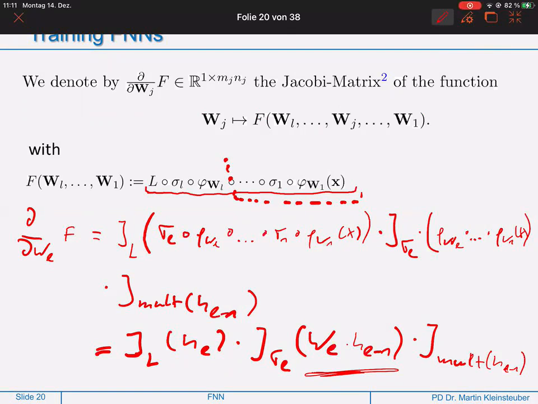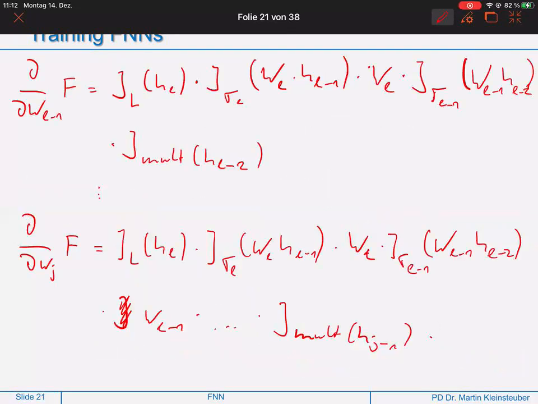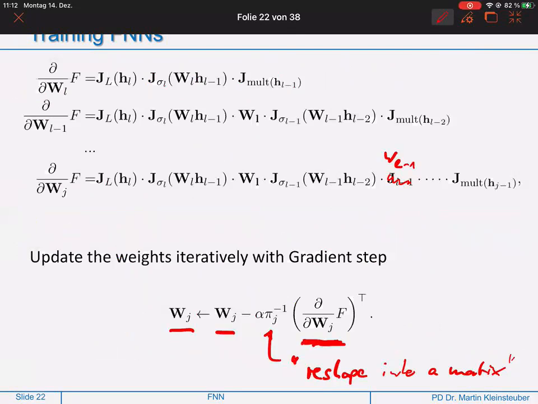The HL minus 1 layer does not depend on the weights that come afterwards, of course. So it stops here, but then we have the Jacobi matrix of the loss function and the Jacobi matrix of the activation function, and that's it. Then we only have the multiplication with HL minus 1, and we iteratively go further from the output to the input layer and end up with this formula. Then we can iteratively use the gradient step by restructuring our weights in that form.